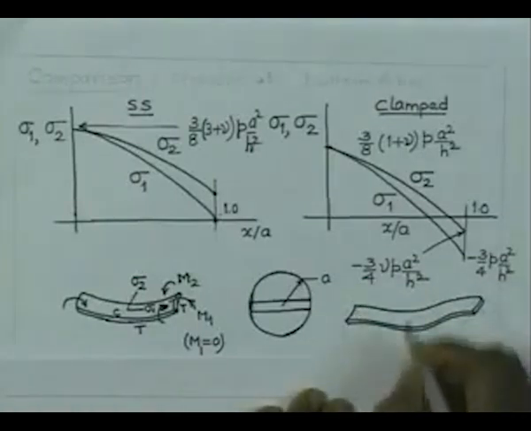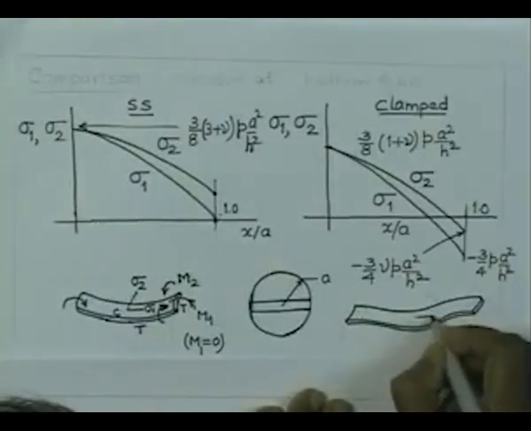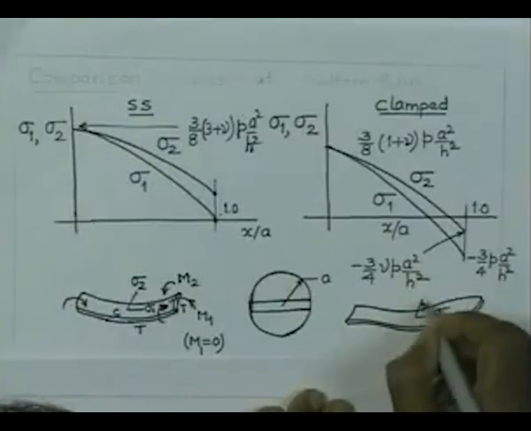So, here again from the center we can show our direction sigma 1, and this is direction sigma 2.